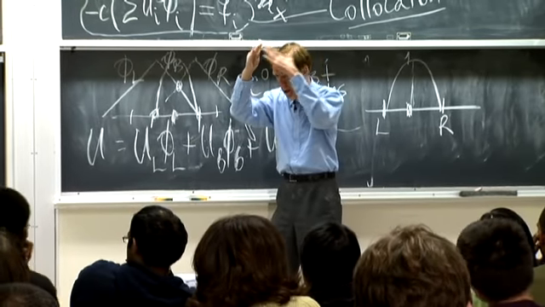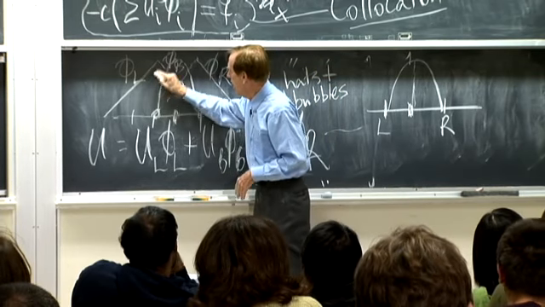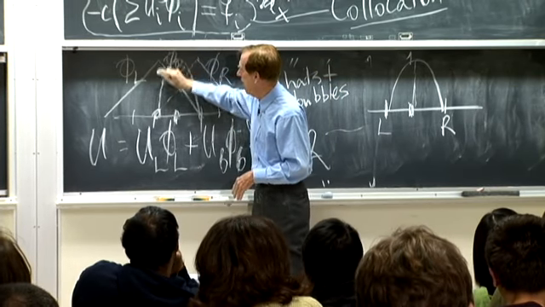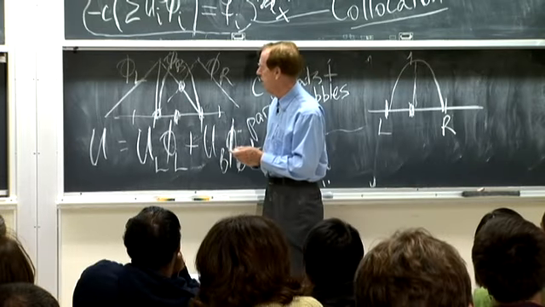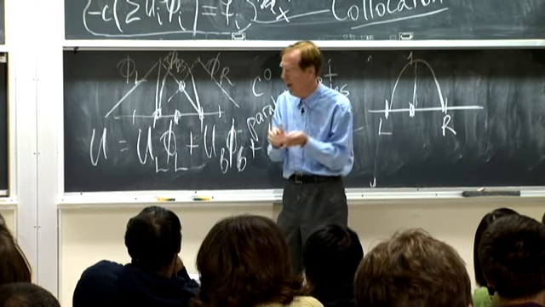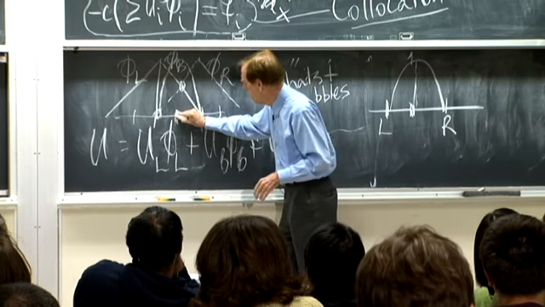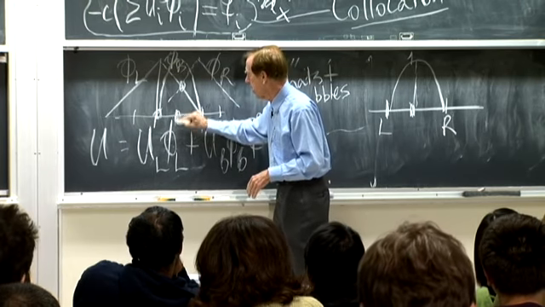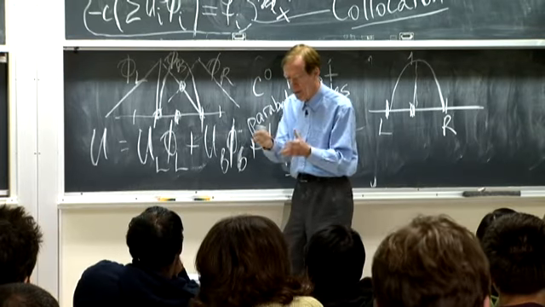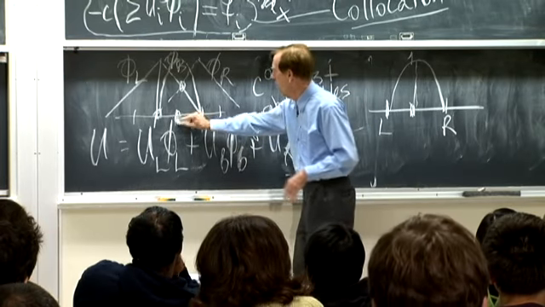It won't be a conical hat. I want it to be 1 at its own home point. But what else do I want? I want it to be 0 there. I don't want it to contribute there.